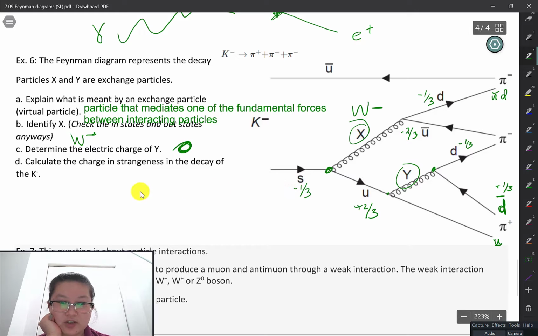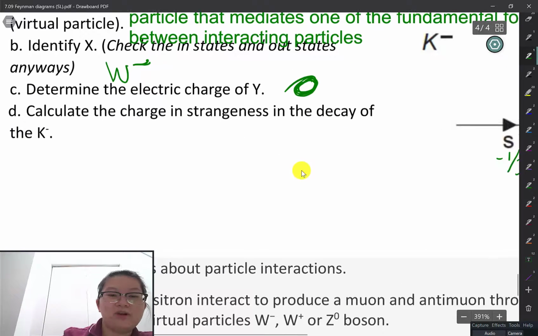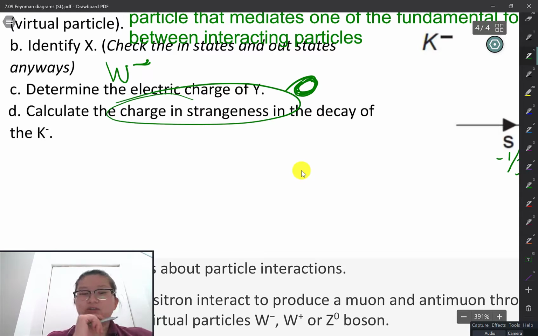D, calculate the change in strangeness in the decay of the K minus. In all of our products, there are no strange quarks. There is only one strange quark in the reactants. So we want to find the change. I'm so sorry, it's not charge, it's change. Usually what we want to find is final minus initial.